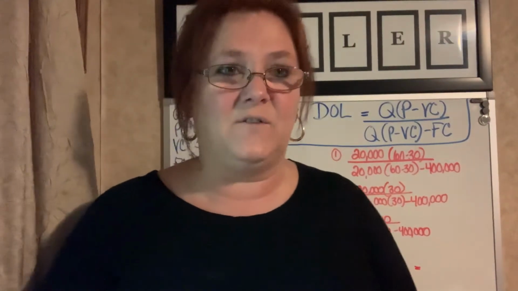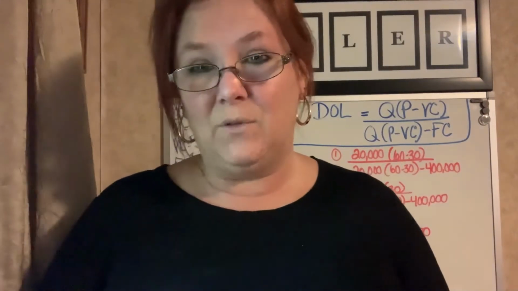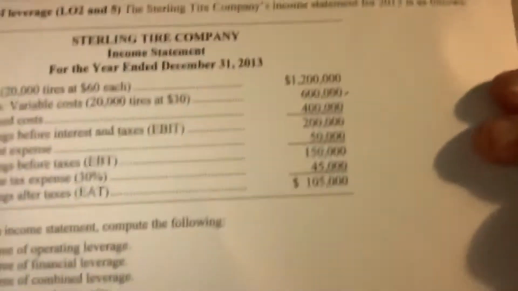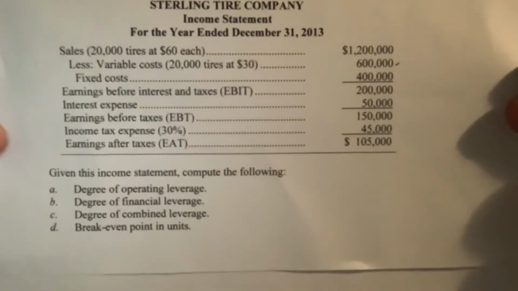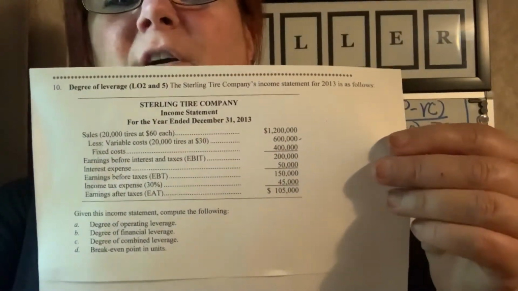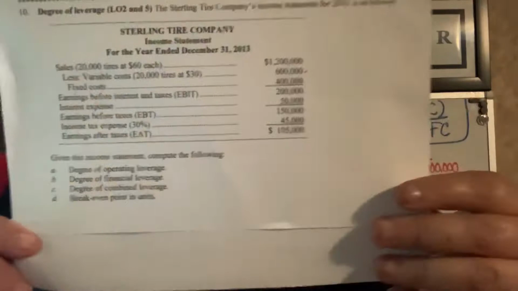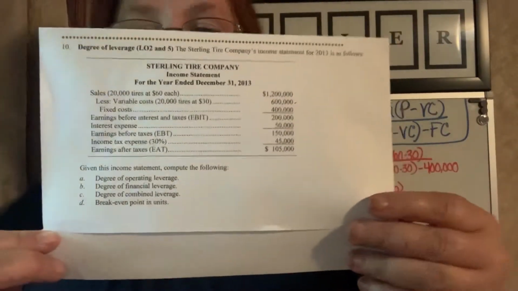This stuff is a lot easier as far as calculating the fixed cost versus variable cost, because they give you that information. If you look in the problem, there is the income statement, and they have taken apart all of your fixed costs and all of your variable costs, and they have completely given you all the bits and pieces of information.